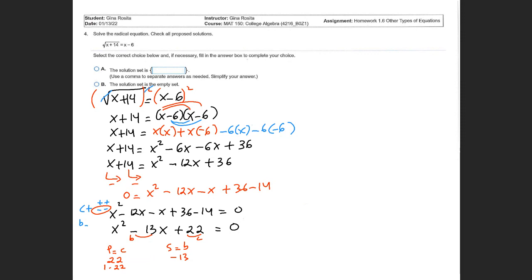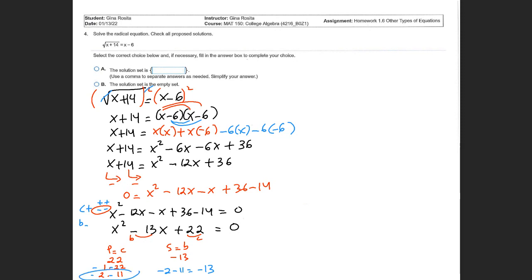Another one is 2 times 11. Because the factors are negative, negative, I just change the signs. So we need negative 13. Negative 2 minus 11, the answer is negative 13. So we choose this one, yeah.